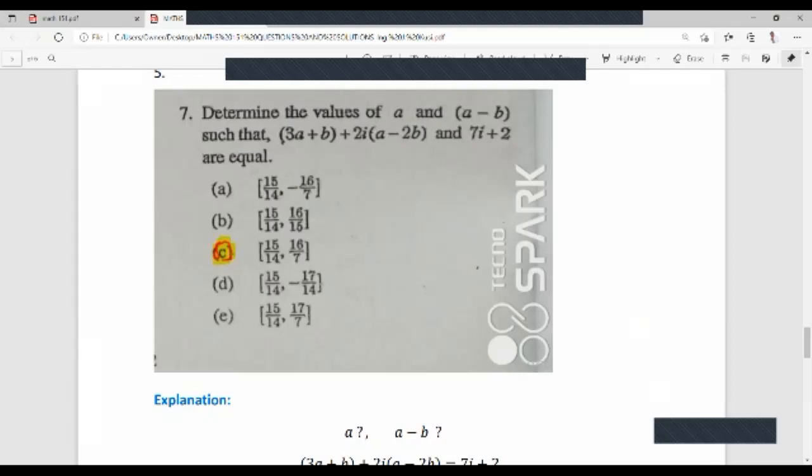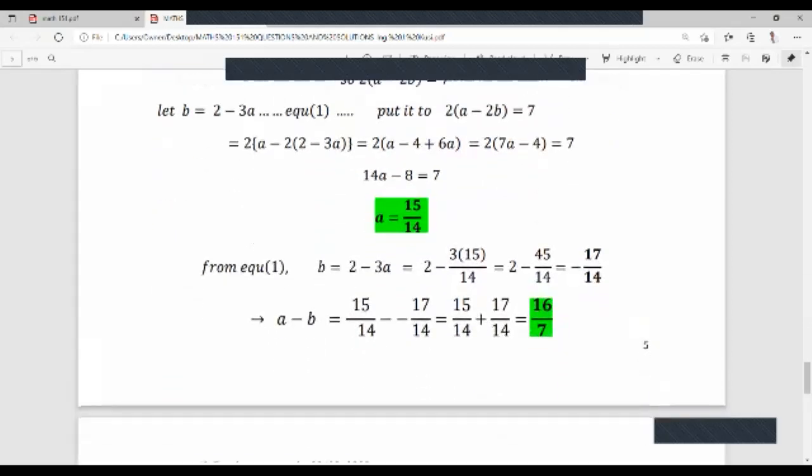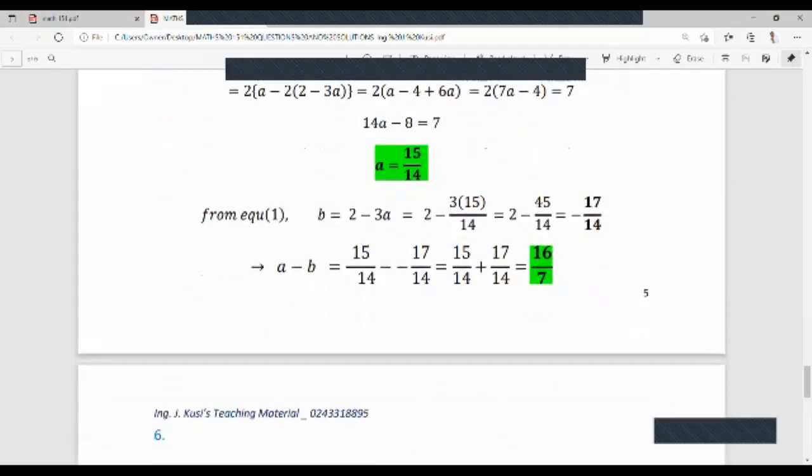So if you are not smart, you think D is the answer. But he's not looking for B. He's looking for A minus B. So when you arrive at your B, you have not finished. You have to look for A minus B.